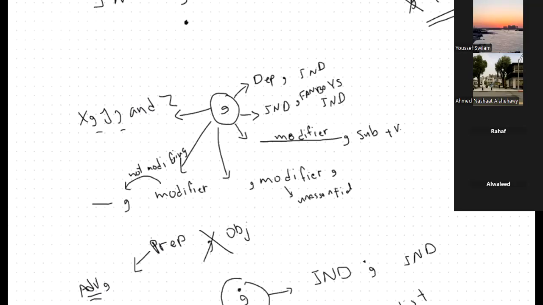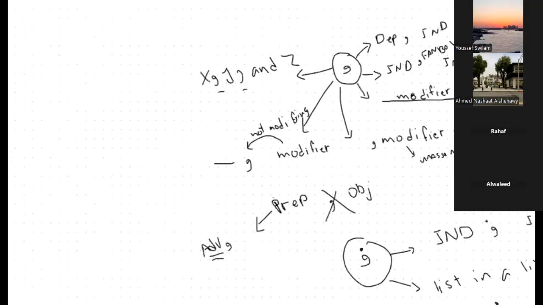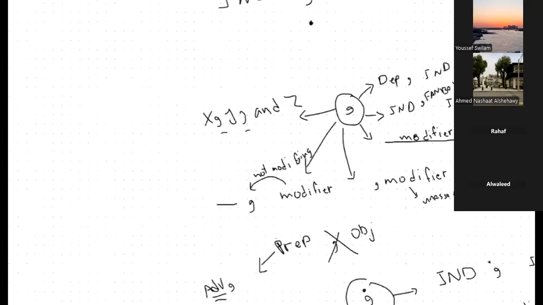What about if the modifier comes in the middle and it's not essential? Put a comma before it and after it. What if it comes at the end and it's not modifying what comes before the comma? It will come with a comma before it. But if it modifies what comes before it, don't put a comma.